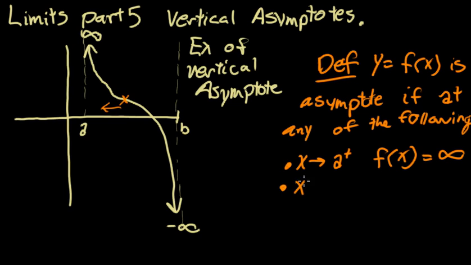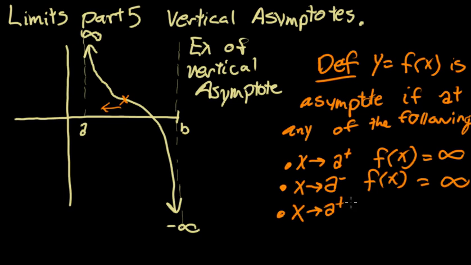We could say, as x approaches a from the left, f of x equals infinity, and that is not represented on this graph. We could say, as x approaches a from the right, f of x equals negative infinity, which is also not represented on this graph.